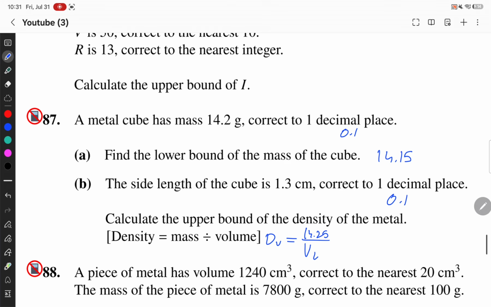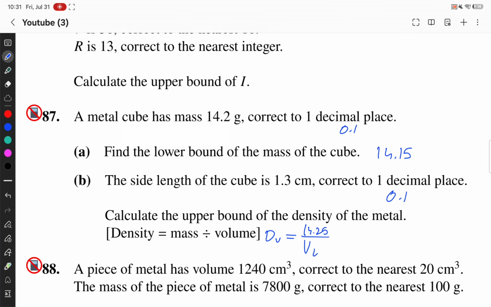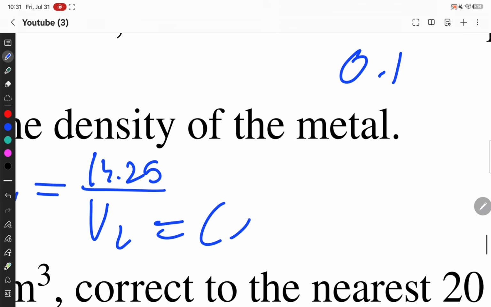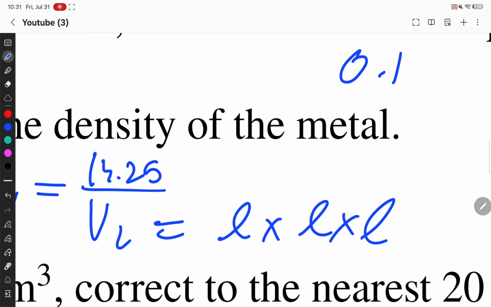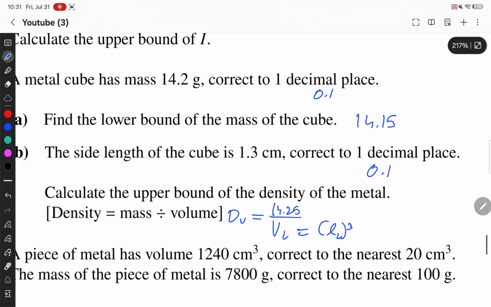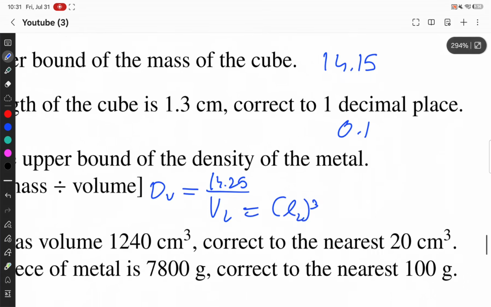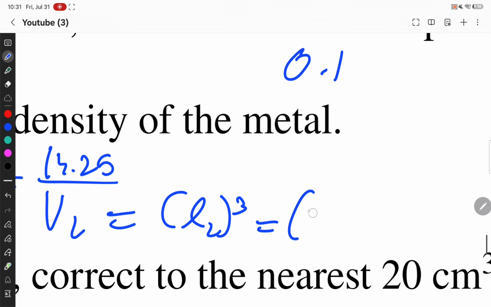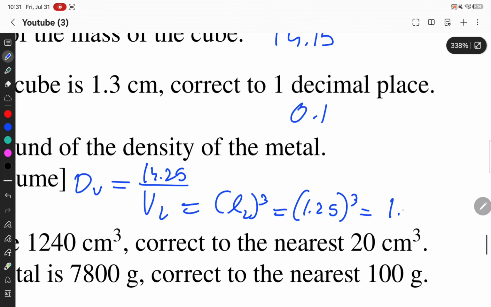Volume of lower, how do you find this? Very easy. What is volume? Length cubed. What is cube? Length times length times length. Now, multiplication, the lower bound is on. So this is L of lower bound cubed. 1.3 lower bound is 1.25 cubed, which is 1.953.